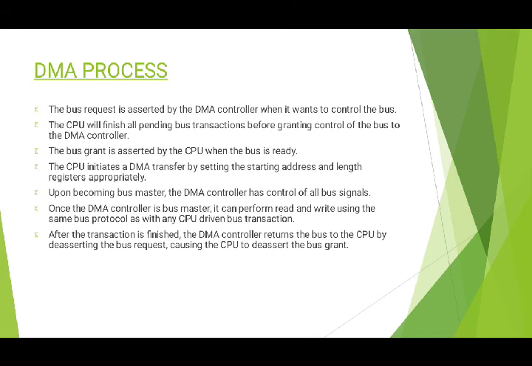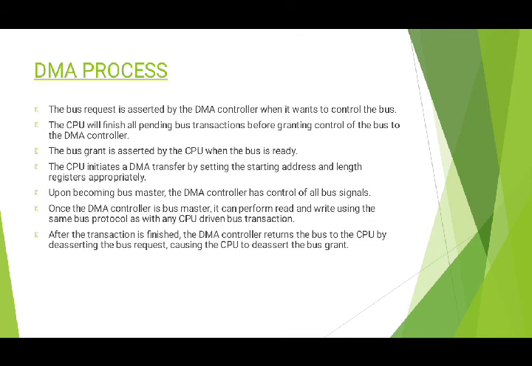The bus grant is asserted by the CPU when the bus is ready, and the CPU initiates a DMA transfer, which we have already seen in the previous slide, by setting the starting address and length register appropriately. Upon becoming bus master, the DMA controller has control of all bus signals, and once the DMA controller is bus master, it can perform reads and writes using the same bus protocol as with any CPU-driven bus transaction.